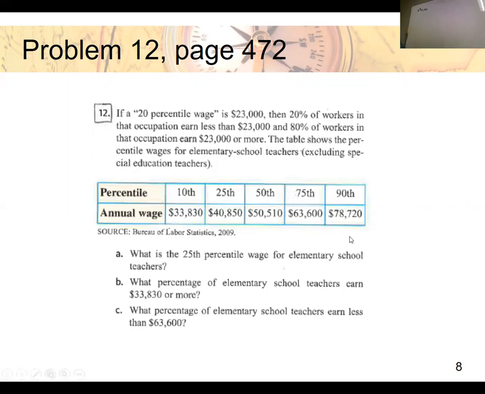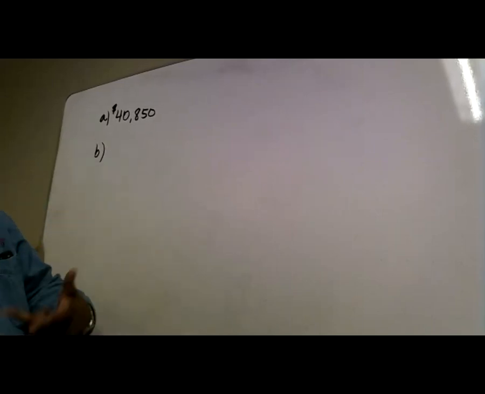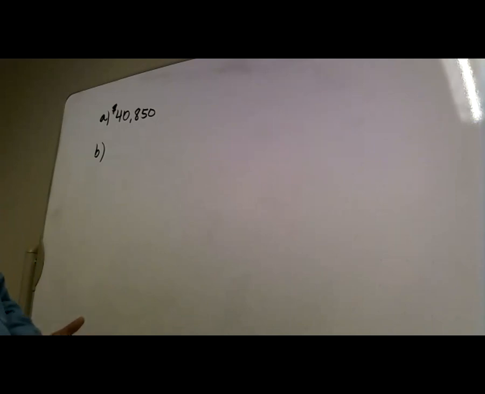So part A, that's just straight from the table. The 25th percentile is $40,850. Now part B, what percentage of elementary school teachers earn $33,830 or more? How much? Yeah, 90%. How did we get 90%? Because that dollar amount is in the 10th percentile.